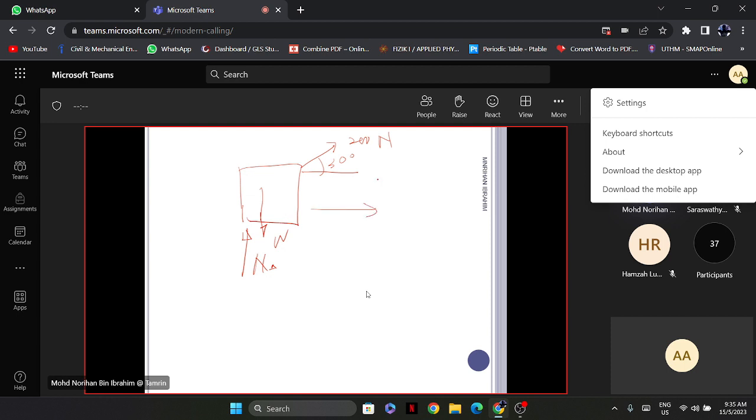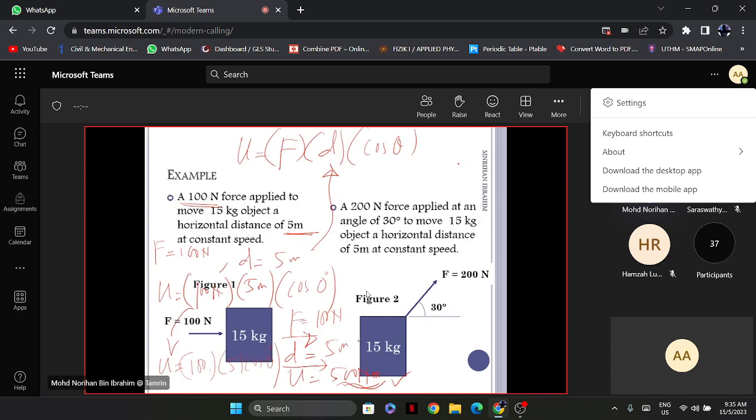So it's moved to the rightward and the distance of D, which is equal to 5 meters.